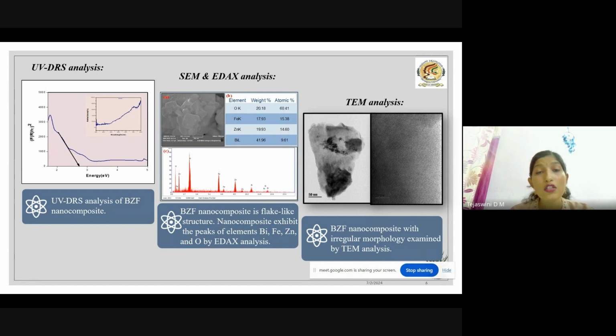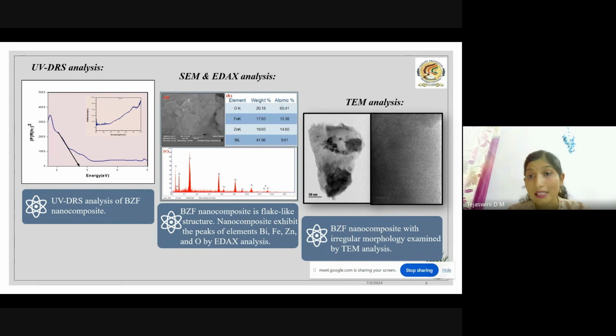The surface morphology of the synthesized BZF nanocomposites was evaluated by SEM analysis and found to be a flake-like structure. The elemental analysis was evaluated by EDAX analysis, in order to know the percentage purity, where the expected elements are bismuth, iron, zinc, and oxygen.